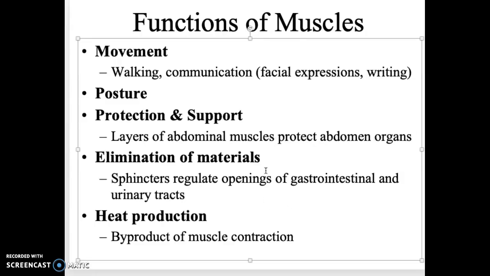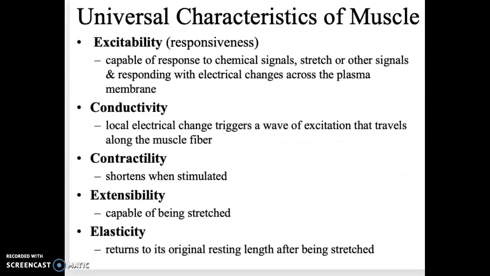And then elimination of materials: in your gastrointestinal system you have a lot of sphincters, which are little circular muscles that are typically closed, but they can open in order for us to eliminate any materials. And like we talked about in Unit 1, muscle contraction releases heat and that helps us to stay warm.